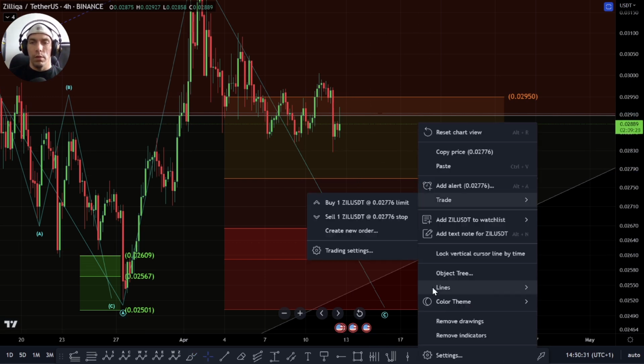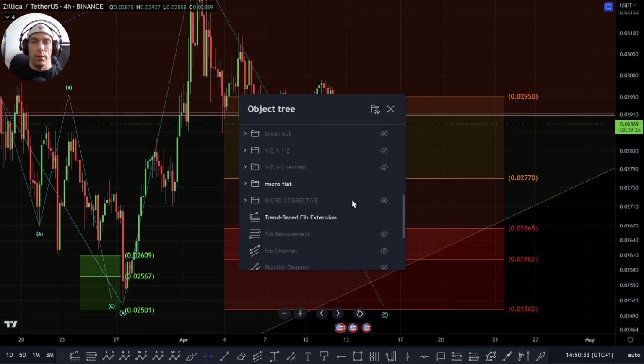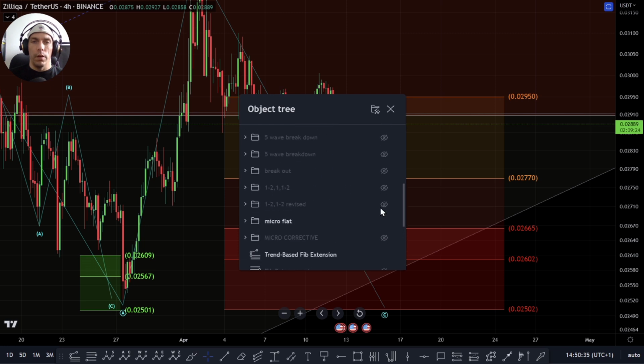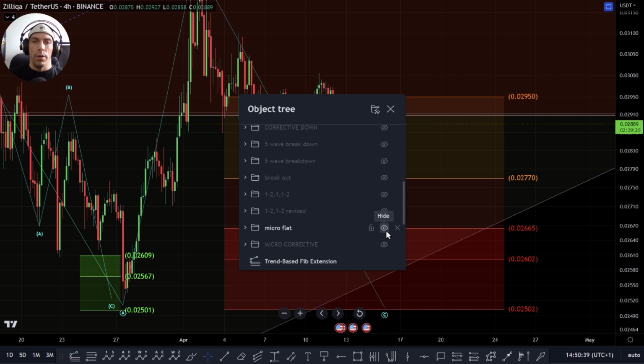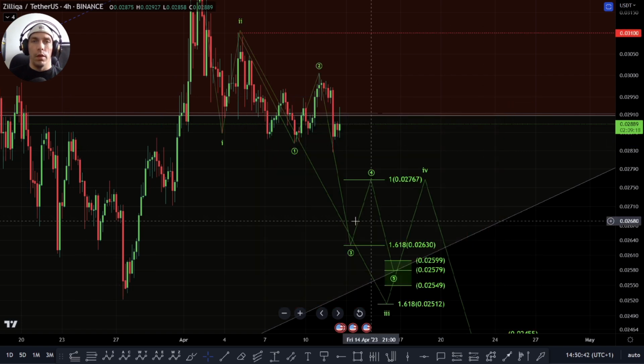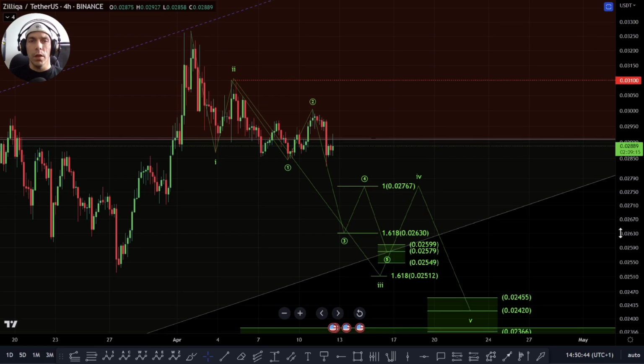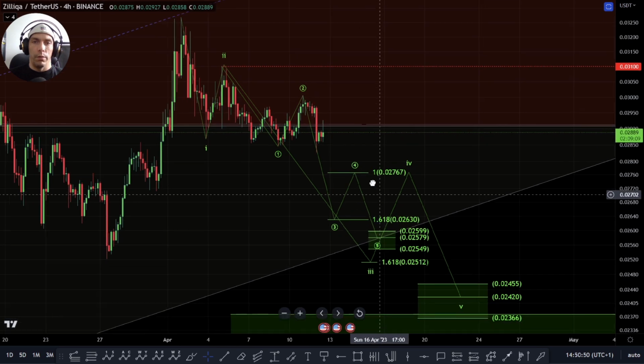So the key thing within this though is if we do break down, what we need to be careful of is something like this playing out, where we have a bigger breakdown here, where this is a 1 2, this is another 1 2 here, and then we're starting to break down for this third wave.